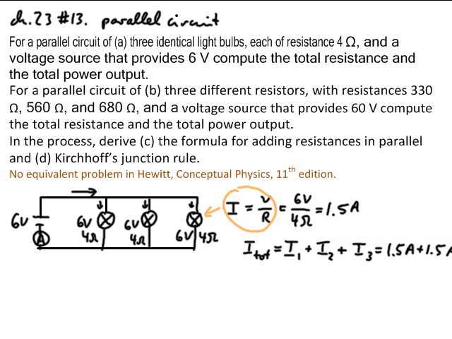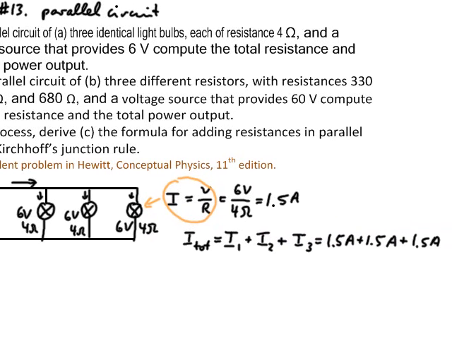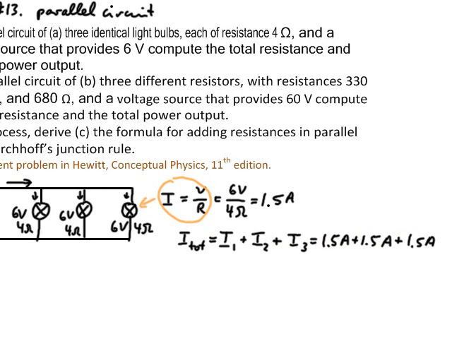Getting a little off the screen, I guess. And that equals, of course, 4.5 amps. Again, that's what it says. That current divides among the parallel branches. The total current in the circuit equals the sum of the currents in its parallel branches.